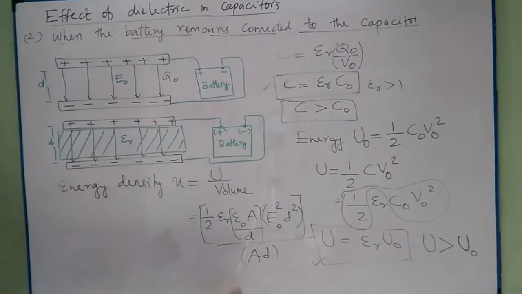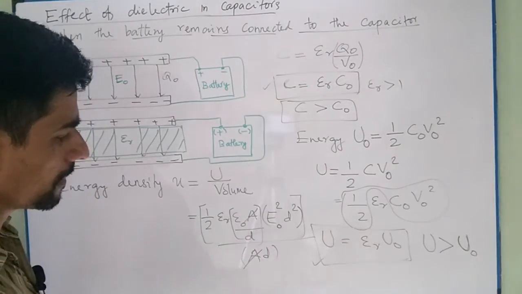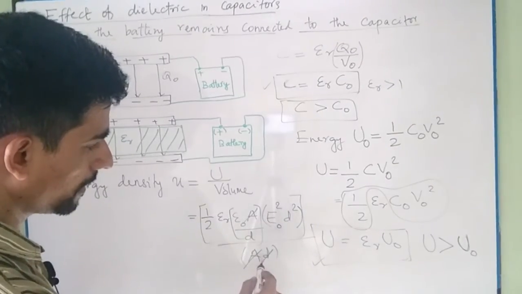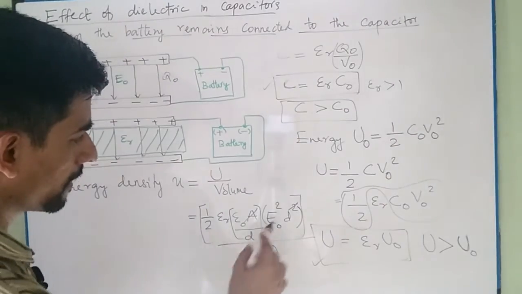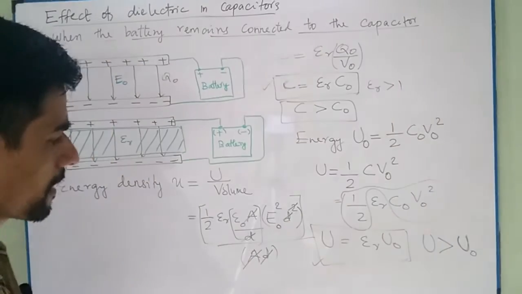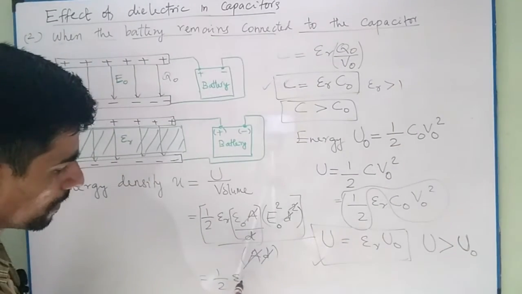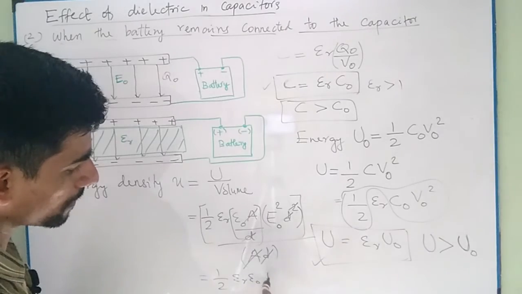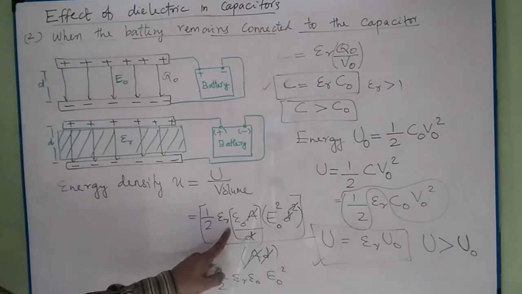If we simplify this quantity, A and A cancel, the D square cancels with the D in the volume, and the remaining D cancels as well. So we have 1 by 2 epsilon R epsilon naught E0 square.